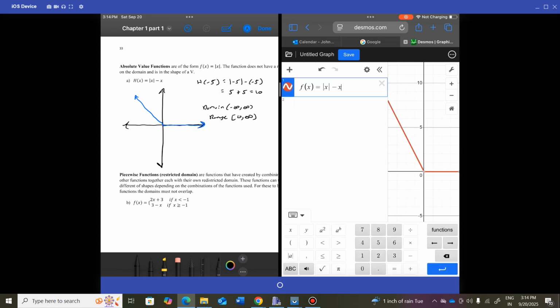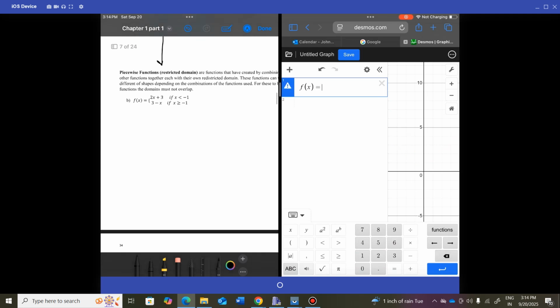Okay. So now let's get into some piecewise functions. These are functions put together by putting multiple equations together, and each equation is restricted in such a way that there's no overlap. So for instance, if you look, you have x less than -1, and so it includes everything that's less than -1 but not -1, and then the other section includes everything above -1, including -1.